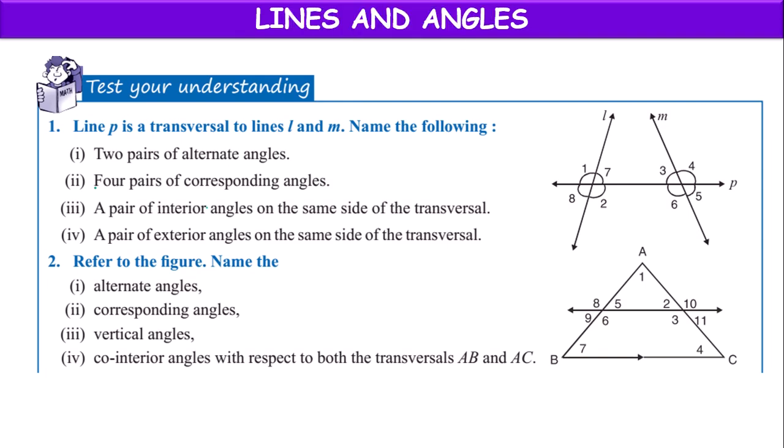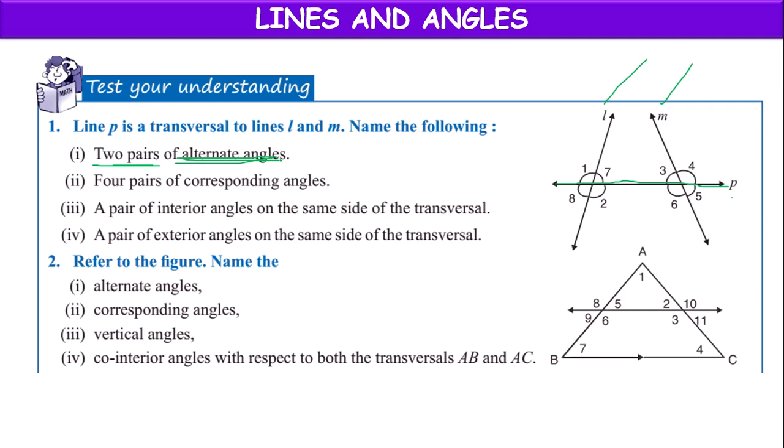Next one. So test your understanding here. Line P is transversal to the lines L and M. Name the following. So here lines L and M are 2 lines and P is the transversal between them. We have to name the angles. 2 pairs of alternate angles.